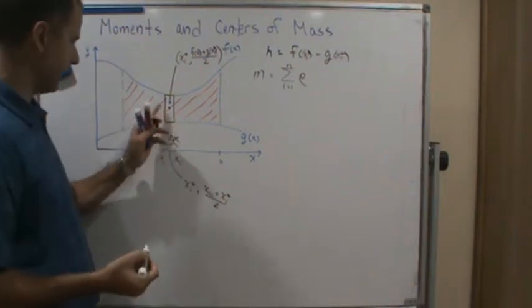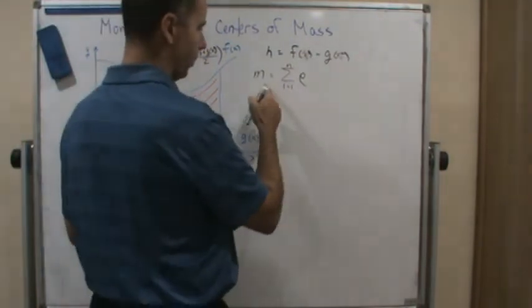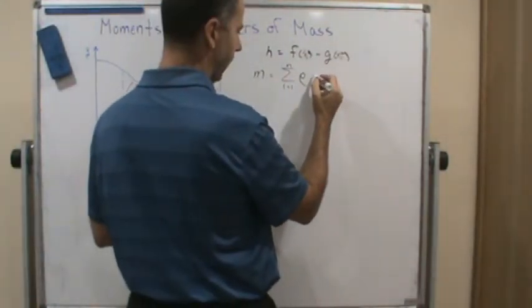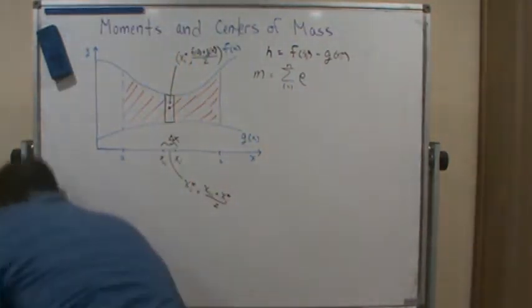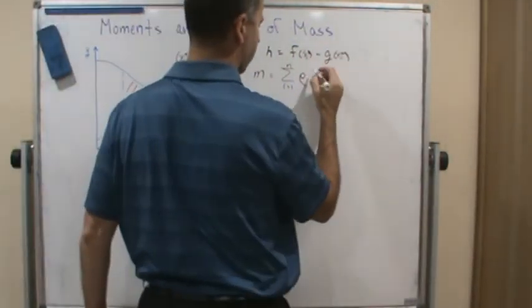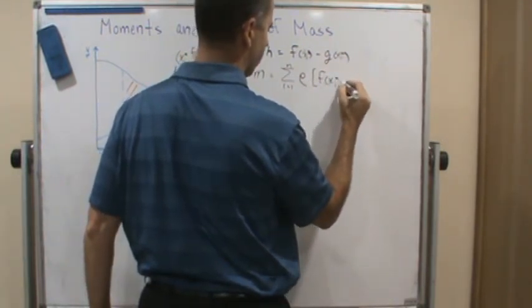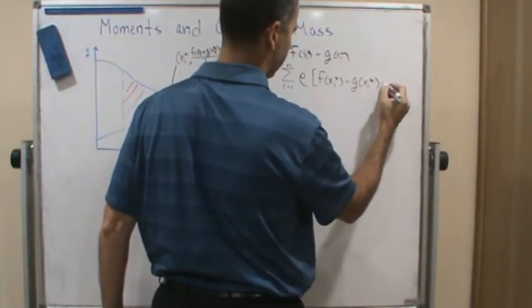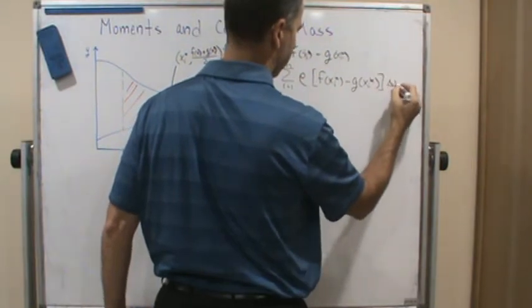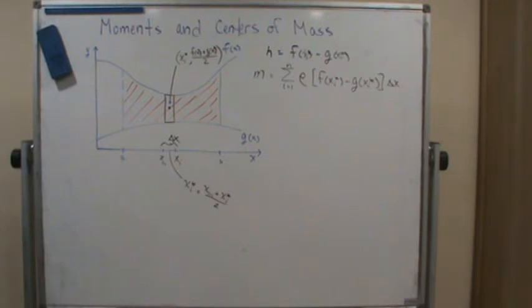Base times height. The height is the difference between these two functions. So that's going to be the total mass.